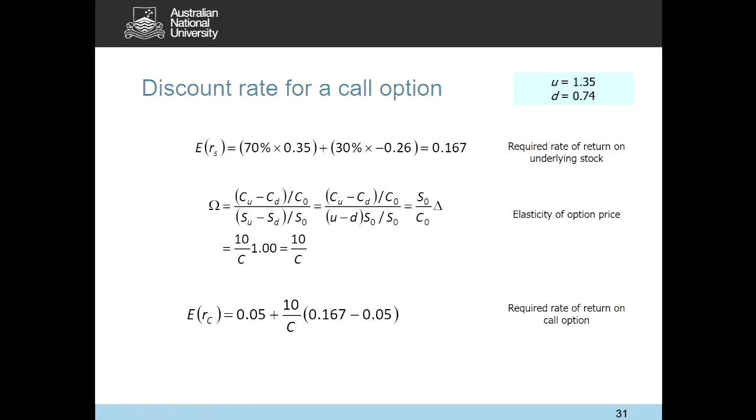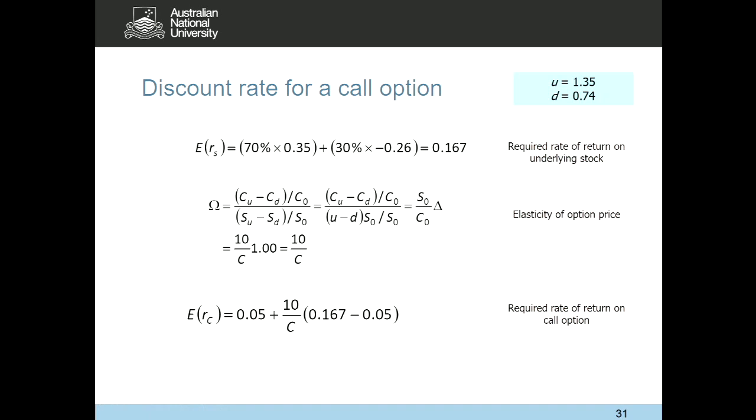But wait a sec, the whole point of doing this exercise is to work out the call option price, but then in the omega formula, the call option price becomes the input to calculate the omega, right? So that's a bit funny here. But that's okay. So we know the share price is $10, and we calculated our delta before.